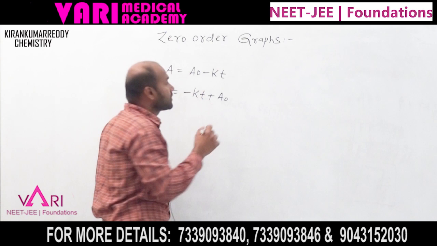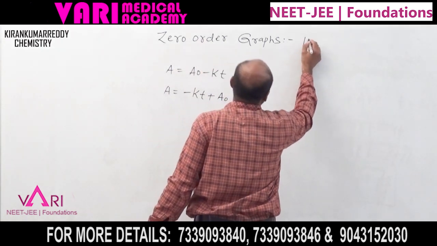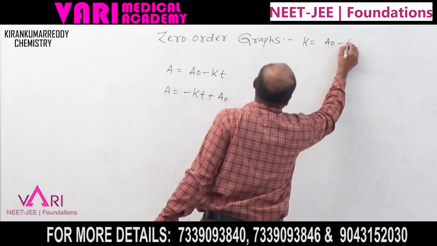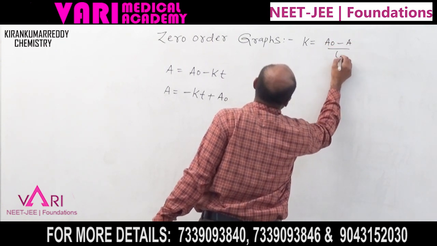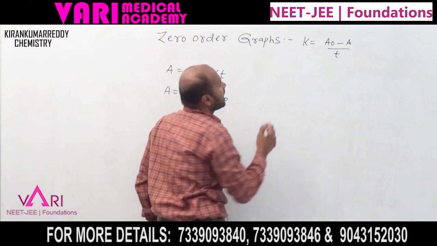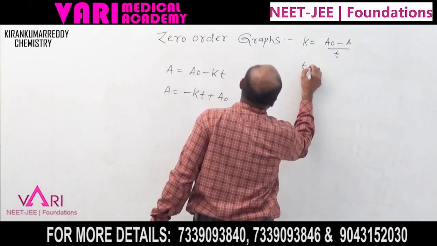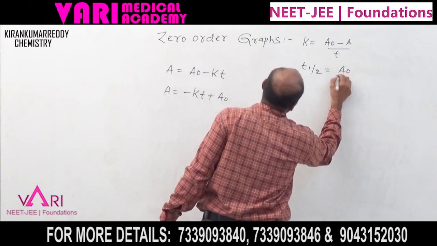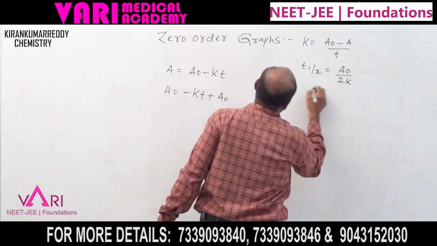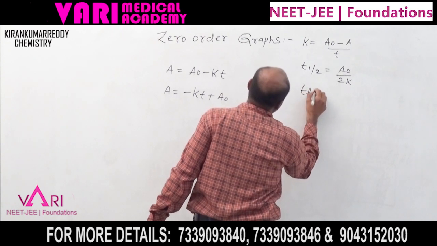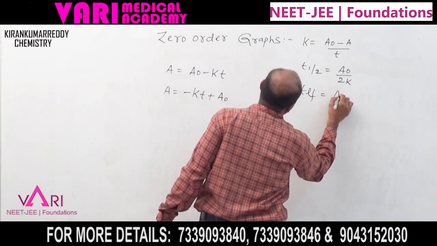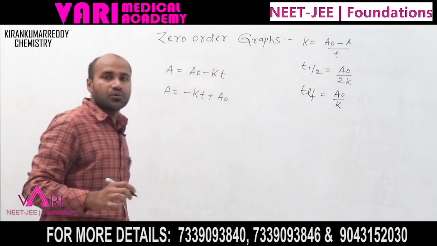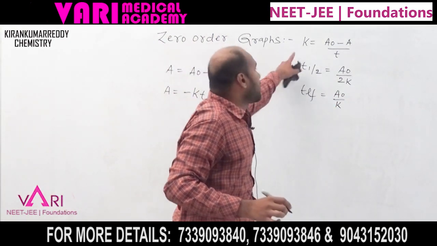Already in the first class we explained, k is equal to A0 minus A by t. This is one of the equations. And half-life t half is equal to A0 by 2k. Next, lifetime equation is A0 by k.